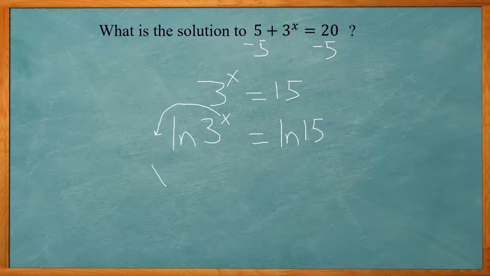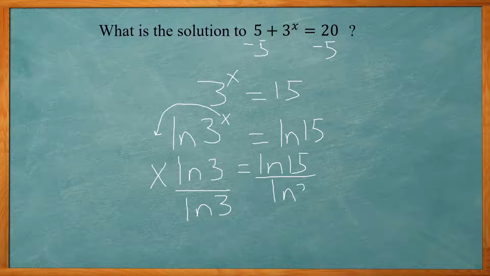So it becomes x times the natural log of 3 equals the natural log of 15. So from there, I can get x by itself by dividing by natural log of 3 on both sides. And that will isolate the x, giving you x equals natural log of 15 divided by natural log of 3. So that's how you solve that problem.